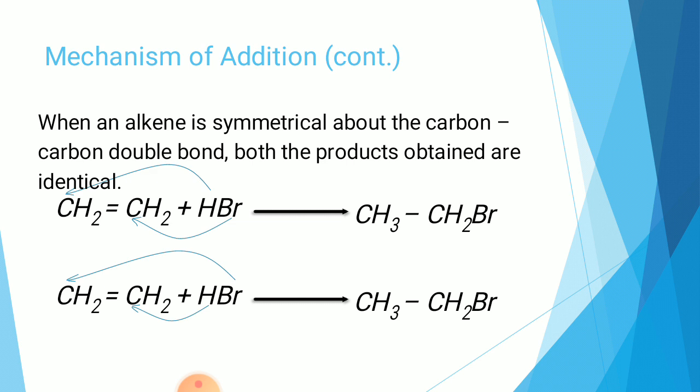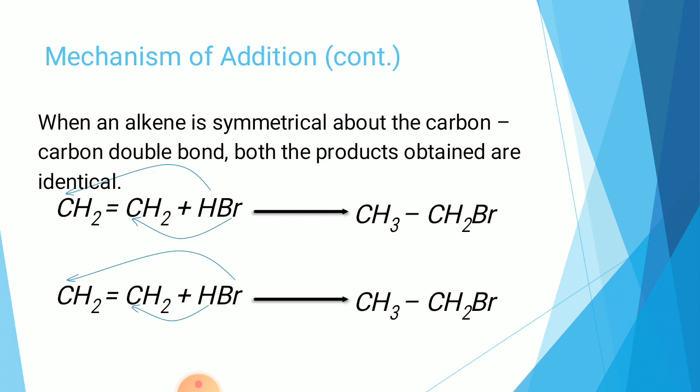So finally we get CH3CH2Br. In the second reaction, CH2 double bond CH2 interacts with HBr, and the hydrogen attacks the second carbon atom and the bromide ion attacks the first carbon atom. Here also we get CH3CH2Br.